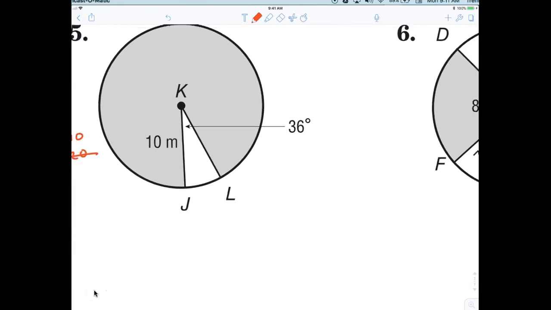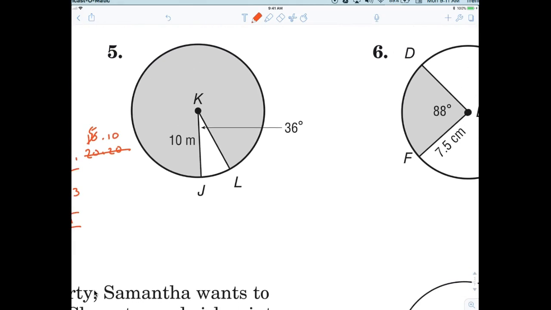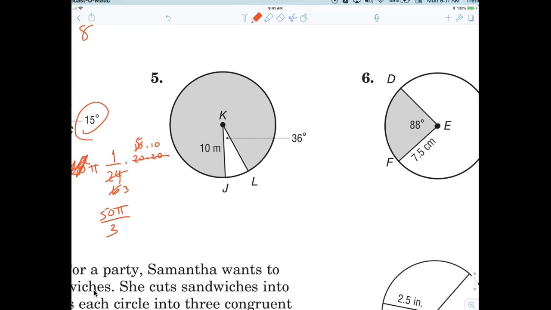All right, so let's take a look at this problem right here. We're looking for 36, so 36 is 1/10, but then you have to subtract it. So now it's going to be 10 squared times pi times 9/10.